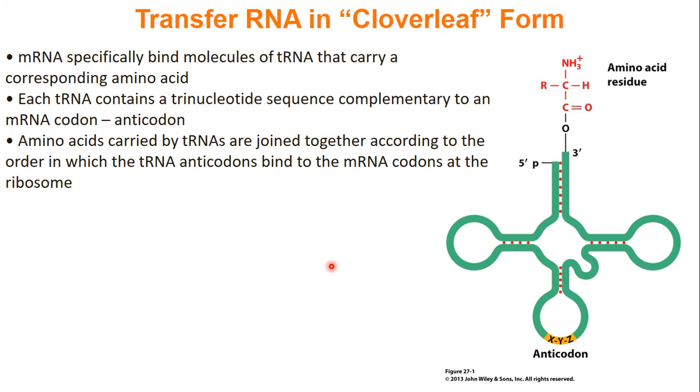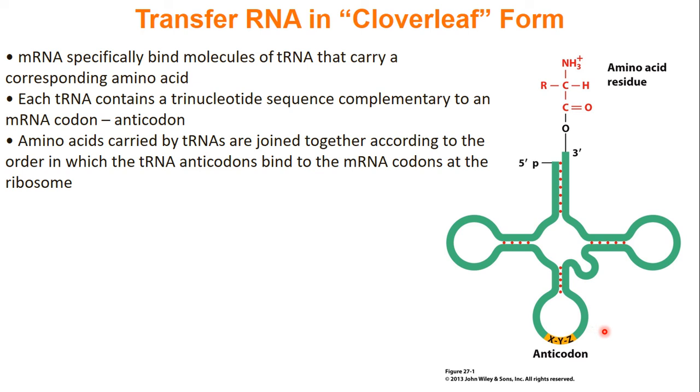Now let's look at our tRNA again that we saw the structure of in the last video. What happens to make a protein is that our mRNA will bind the tRNA that contains the correct amino acid. Remember, that's bound at the 3' terminal. And the way they bind is that each tRNA contains a trinucleotide sequence that is complementary to our mRNA codon.